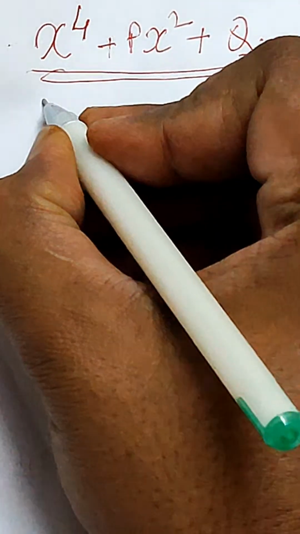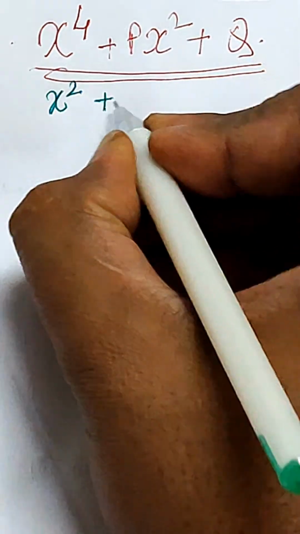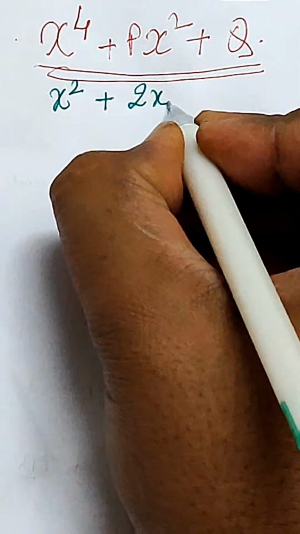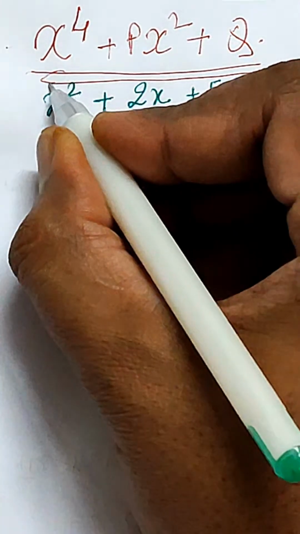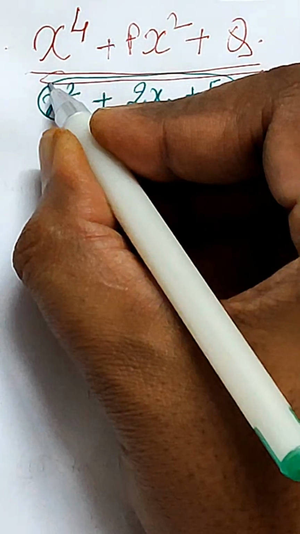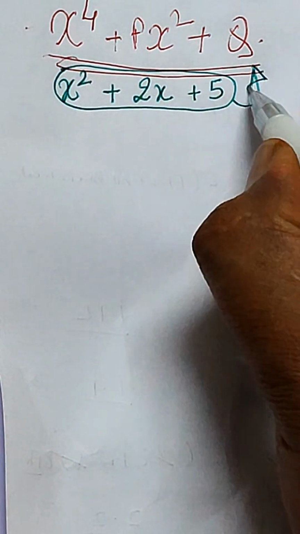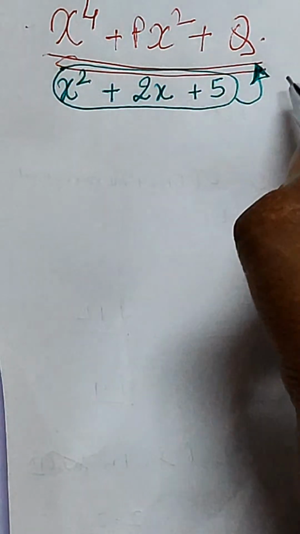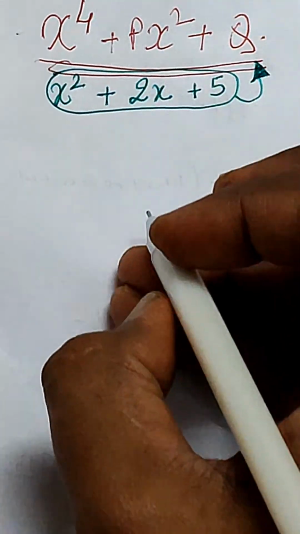It's given that x square plus 2x plus 5 is a factor of the above polynomial.